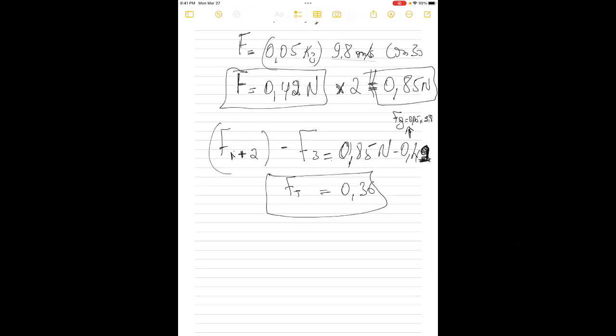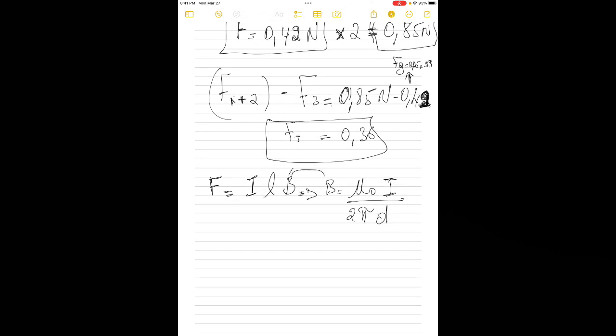So we're going to use this formula here, force equals I length B. We know that B equals the permeability constant multiplied by I divided by 2 pi d, the distance. We replace B with this, and it gives us force equals I squared length times the permeability constant divided by 2 pi times the distance.